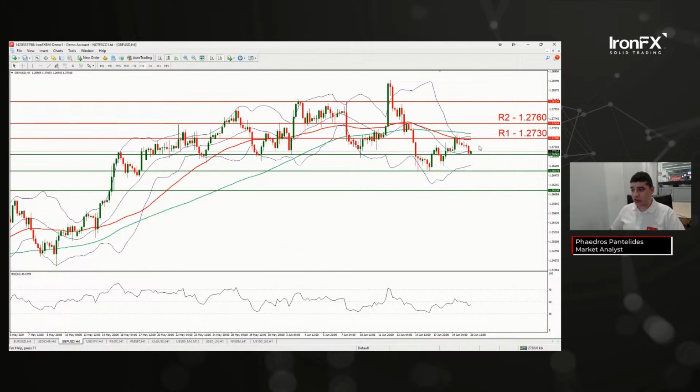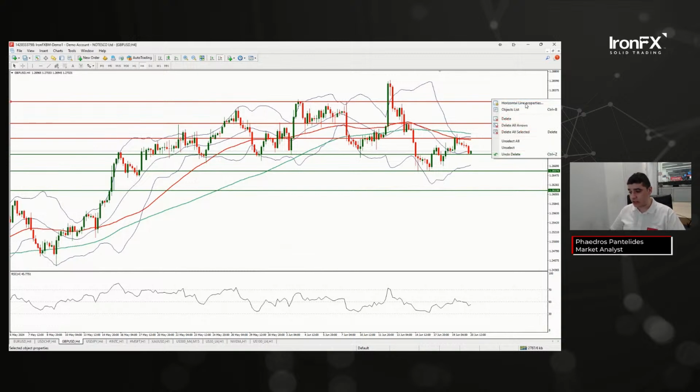So even if the British pound takes aim for R1, it does not necessarily mean that it will move on to R2, since the financial releases we're expecting during the American session might provide support for the US dollar. Our bullish outlook would be up until those releases. If they come in lower than expected, we might see the pound gaining on the US dollar, potentially breaking above R1 and then taking aim for R2. But personally, I would be looking at those financial releases very closely.